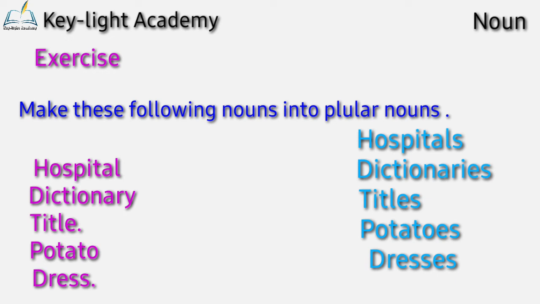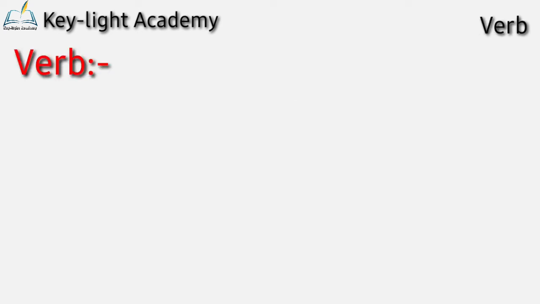Dictionaries, by adding ies and removing the y. Titles, by adding s. Potatoes and dresses, by adding es, because the dress is ending es. Now we are learning the first section of our lesson.